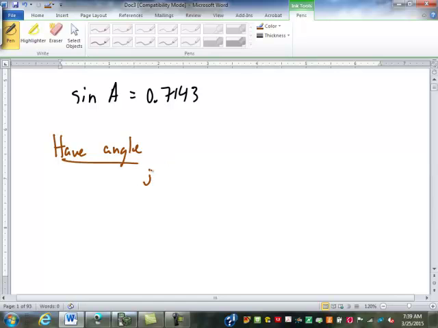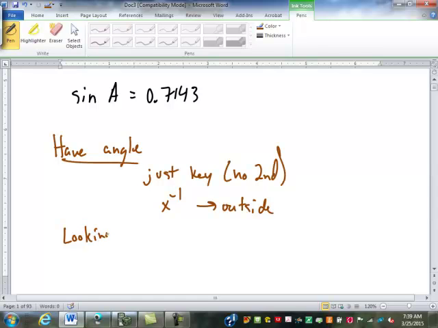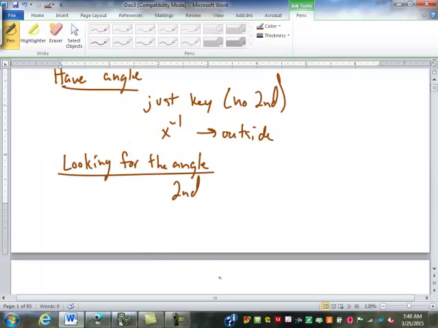One, use the key, no second. And x-1 goes outside. If you're looking for the angle, use the second key, and x-1 is on the inside.